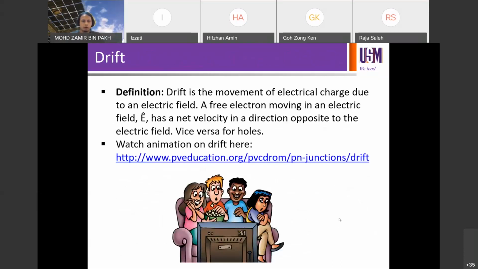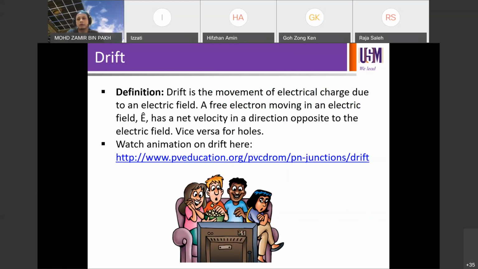On the other hand, drift is the movement of electrical charges due to the presence of an electric field. If there is an electric field, there will be a net motion of the carriers. If you compare with the previous case where there's no electric field, the movement is characterized by the net scattering, which doesn't have any net motion into any specific direction.